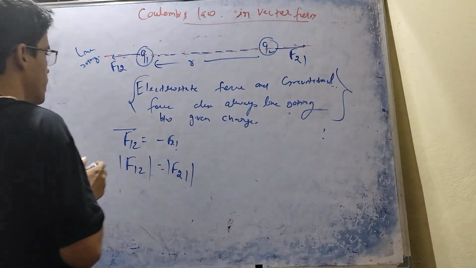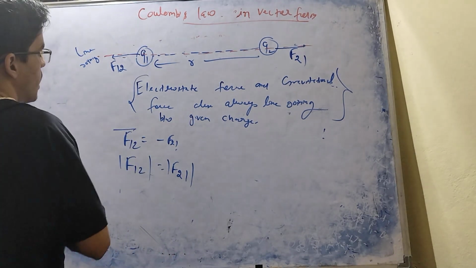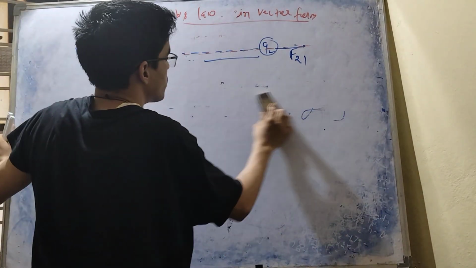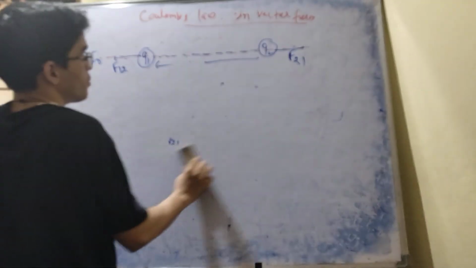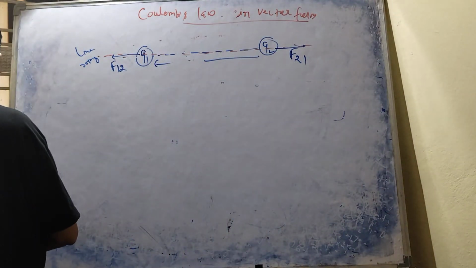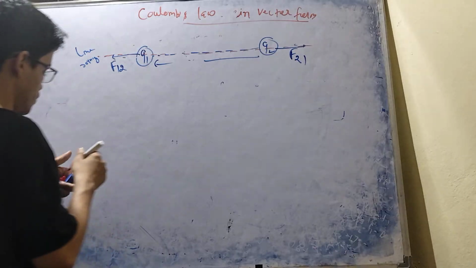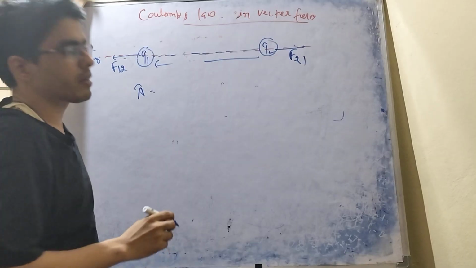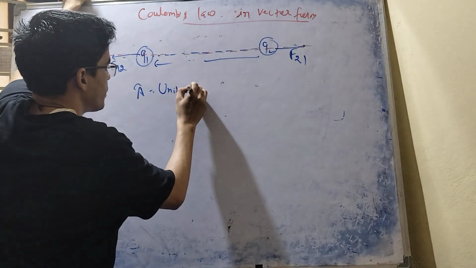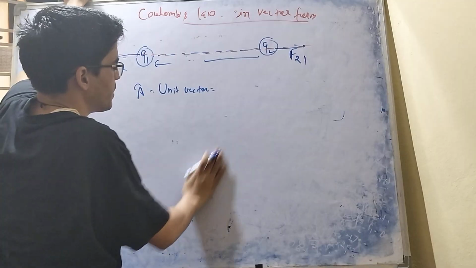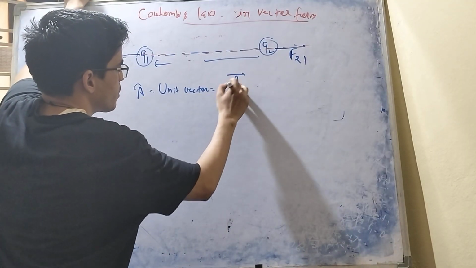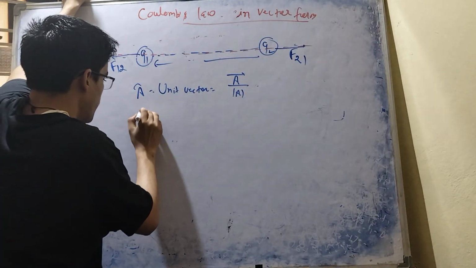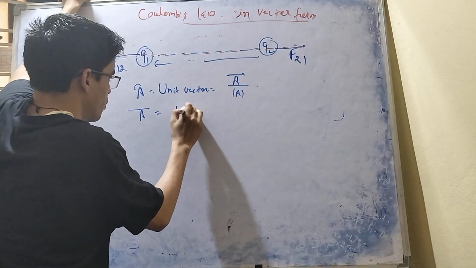But here I want to tell about vector form, means how we can calculate this value in vector form. Yes, both forces are equal in magnitude, but both forces have different signs, and you know force is a vector quantity. So just I am asking one question. Suppose we have a cap. What is a cap? Unit vector. Can I write unit vector equals vector a upon mod a? So a vector equals mod a into a cap.